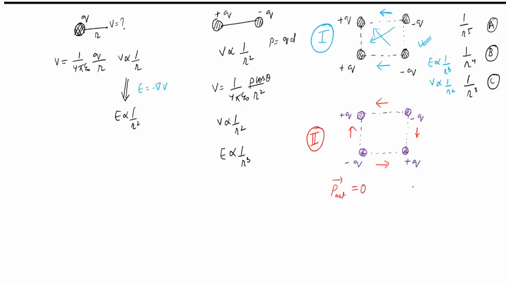That means this is actually a quadrupole. So in a quadrupole, you increase the power by 1. That is, V is directly proportional to 1 by R cube and E is directly proportional to 1 by R to the power 4. Fine.